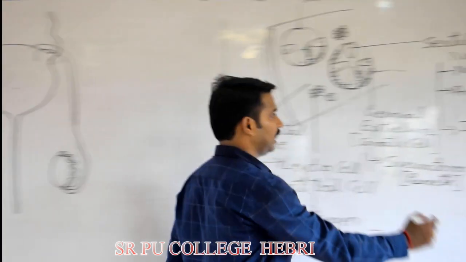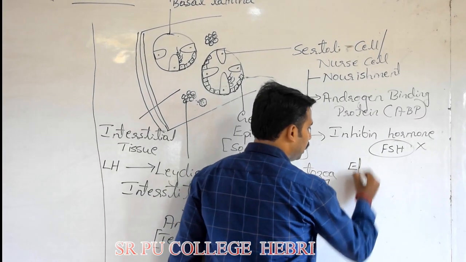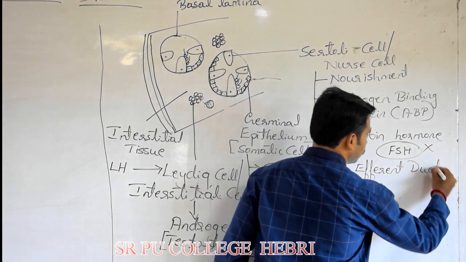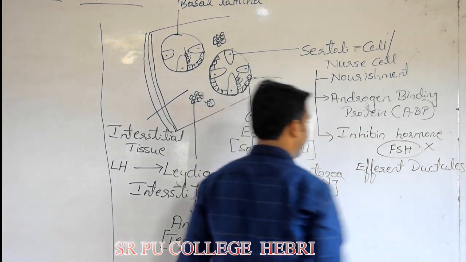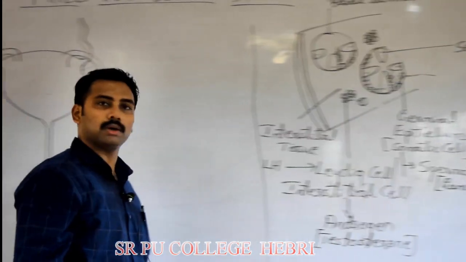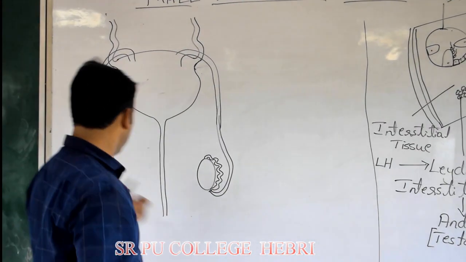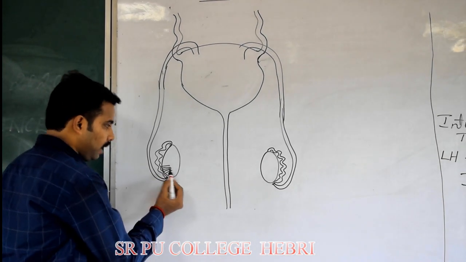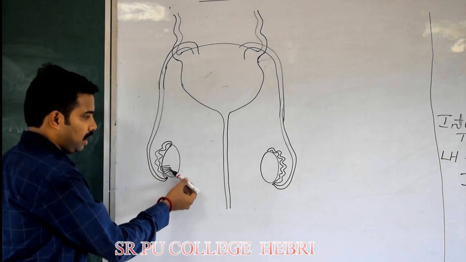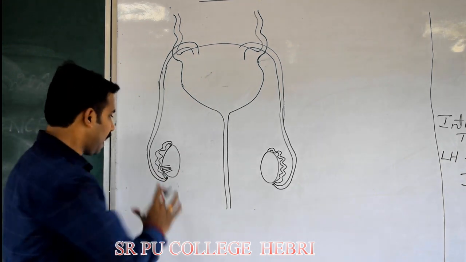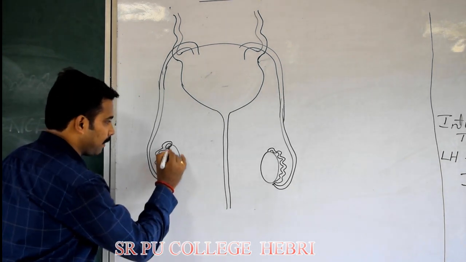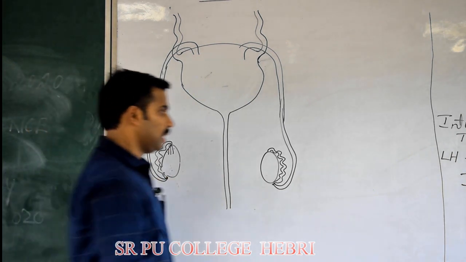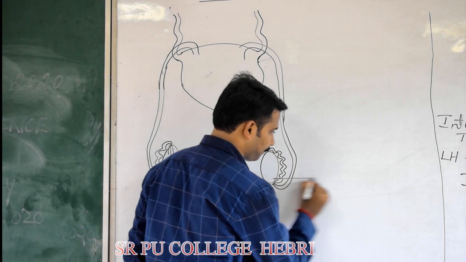Vasa efferentia is also called efferent ductules. Note that. 2017 NEET. Okay, now these Vasa efferentia come out of the testis and lead to a 6 meter long tube. What is that? Epididymis. Let me label this as what?